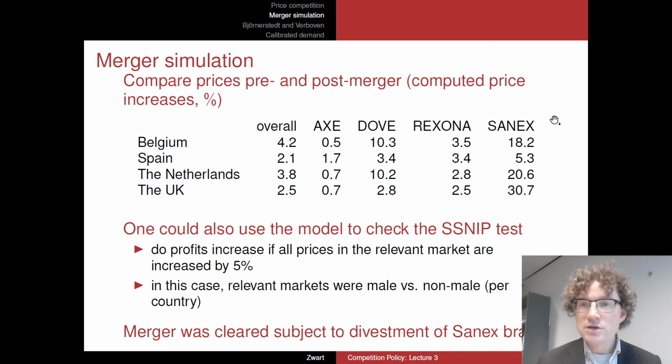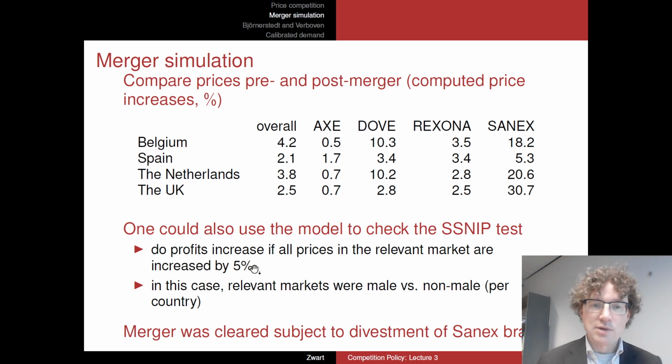Well, indeed, there you see that there is a large price effect of this merger. So from 10% increases in Belgium and the Netherlands for the Dove brand to over 20% in the Netherlands and the UK, and almost 20% in Belgium for this Sanix brand. So that gave rise to some concerns for the Commission, particularly in this domain.